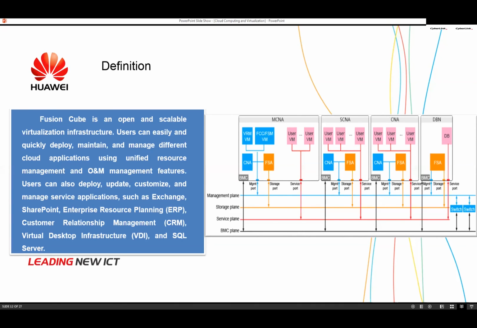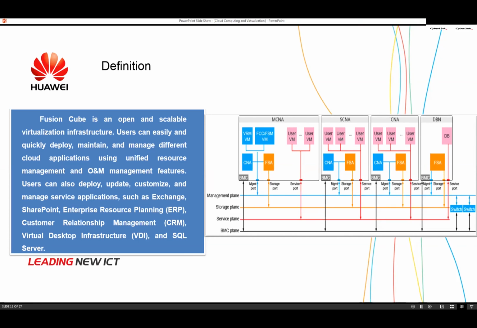We can have 0 CNA nodes, or we can have multiple CNA nodes. It depends on service requirement. But we can also have SCNA, a node that provides computing and storage function. We can have 3 or more SCNAs that can be deployed based on service requirements.